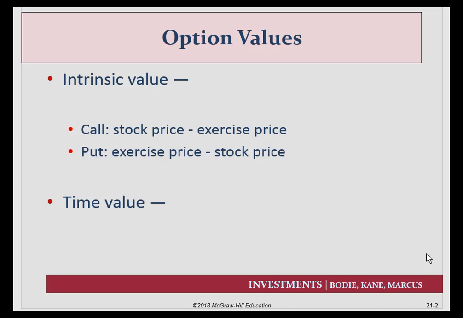For a call, if the stock price is greater than the exercise price, if the stock was selling for 110 and the exercise price was 100, that would have a $10 intrinsic value. However, if it was the other way around, then the intrinsic value would be zero. However, that doesn't mean that the option still doesn't have value. The value comes from the option itself, the right to do something.